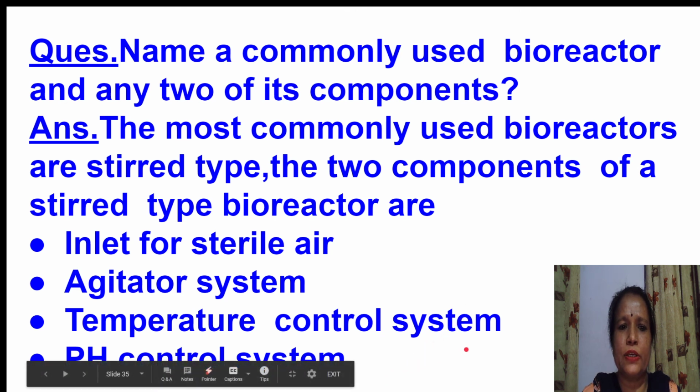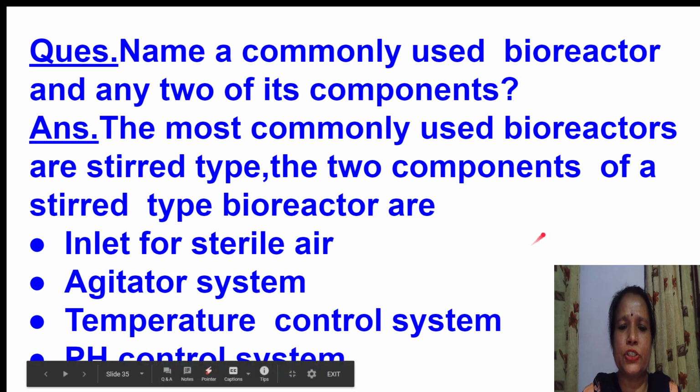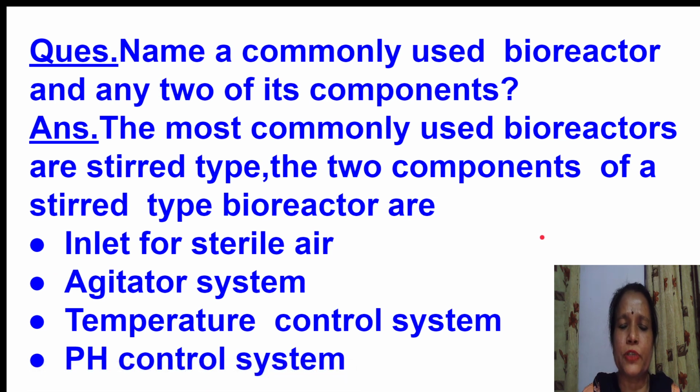So, all these components are present in the bioreactor, which will provide suitable conditions for the host cell to grow so that we can obtain the desired products in a large quantity.